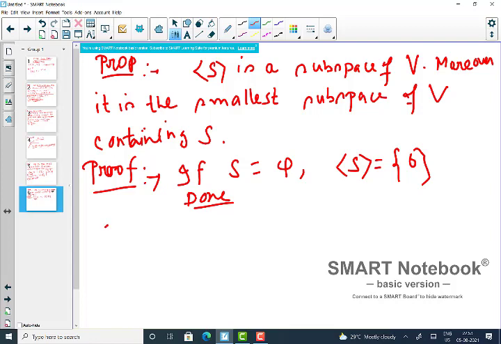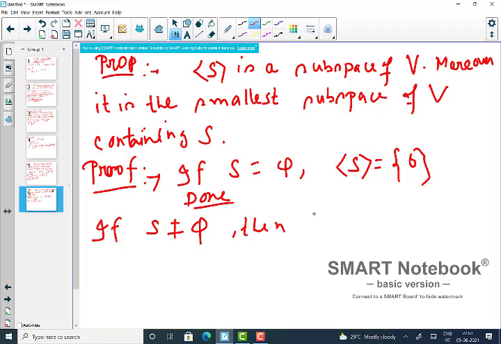Now, if S is non-empty, then obviously in span S you have more than one element. Then you choose some element, so it doesn't matter. That means you can choose any element.